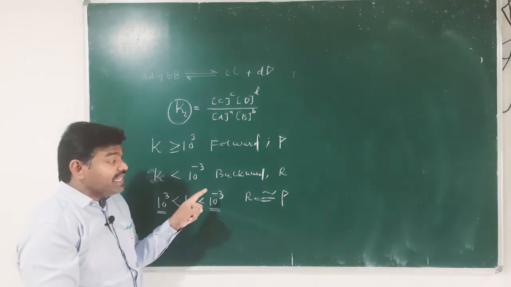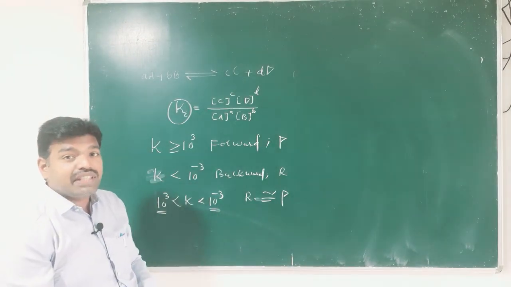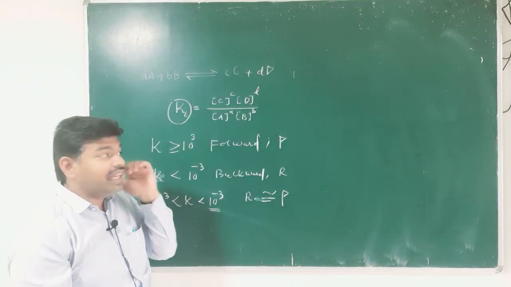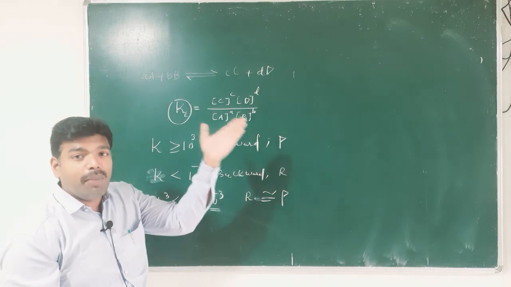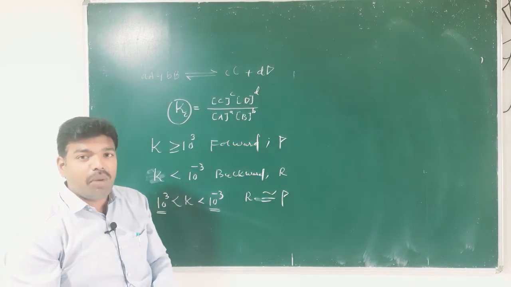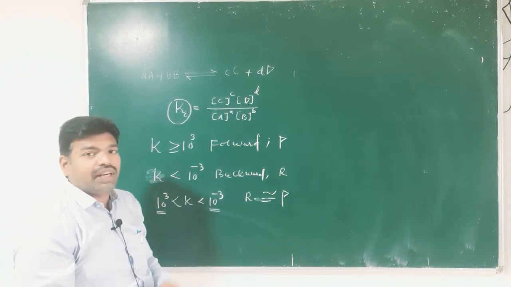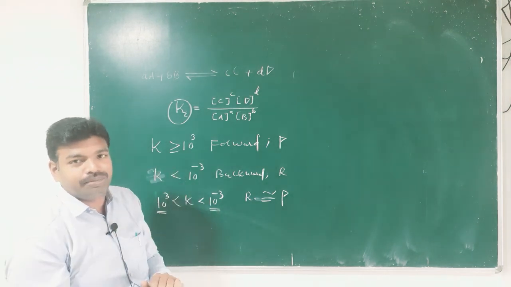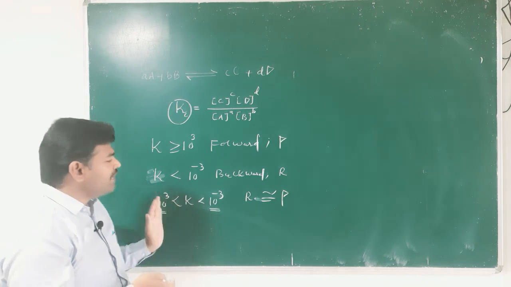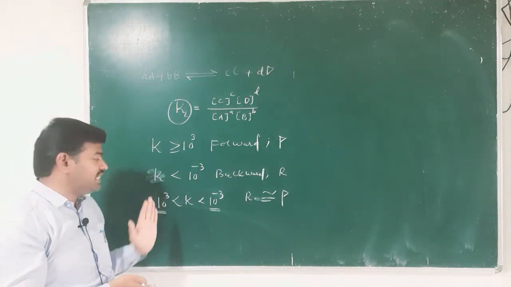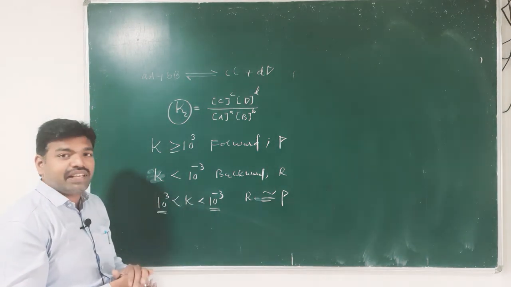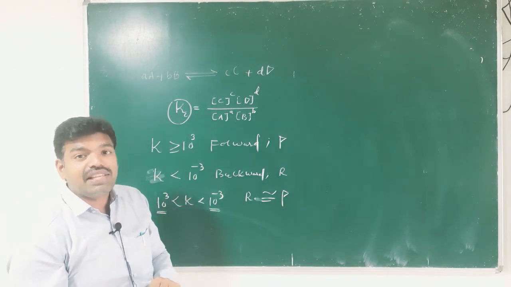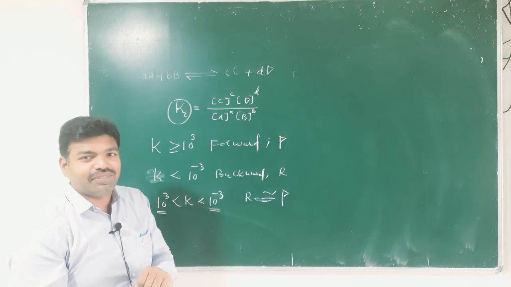So by the value of equilibrium constant, we can know whether the forward reaction or the backward reaction is predominant, and whether equilibrium exists in that reversible reaction or not. If K value is between 10 power 3 and 10 power minus 3, then there exists an equilibrium between reactants and products, right?